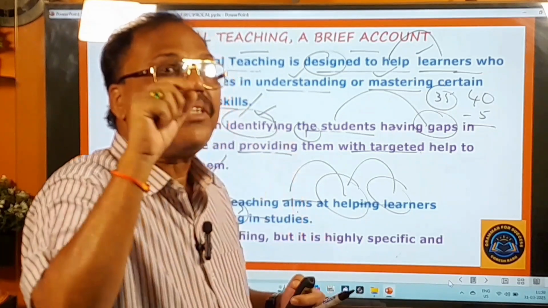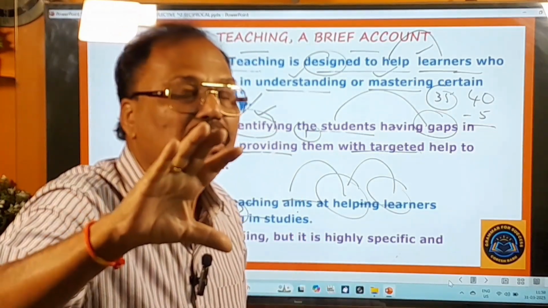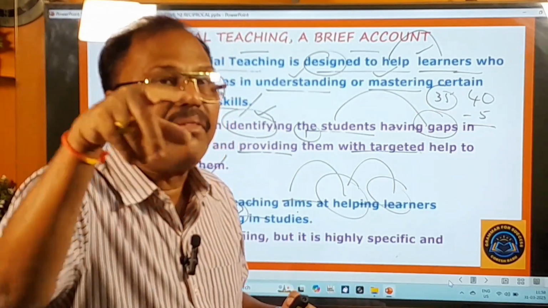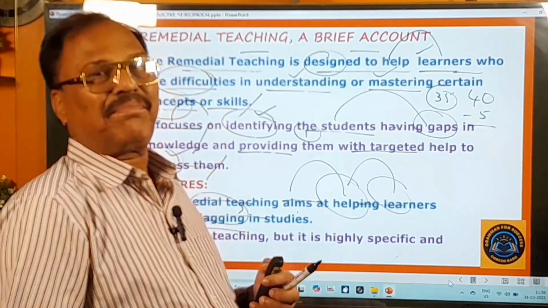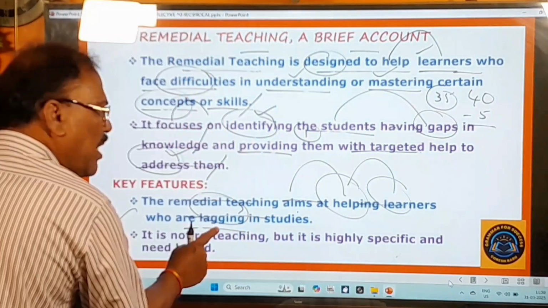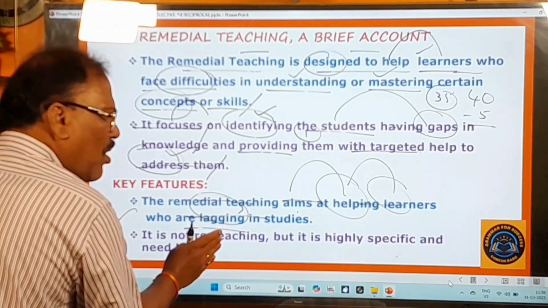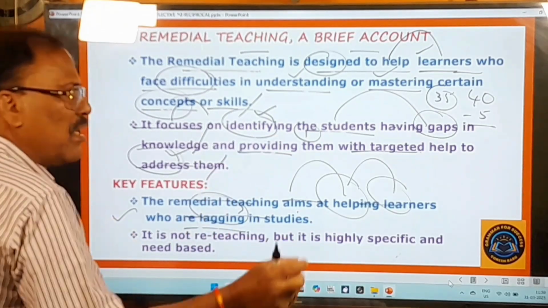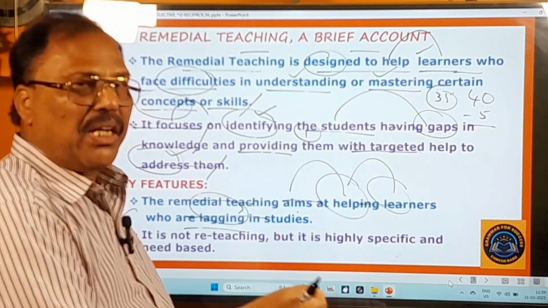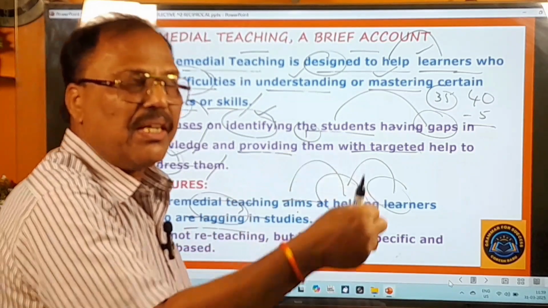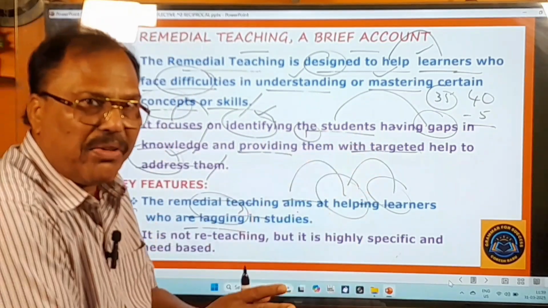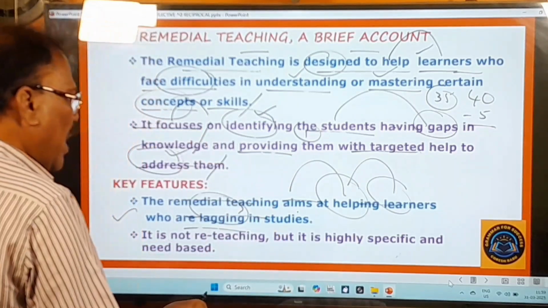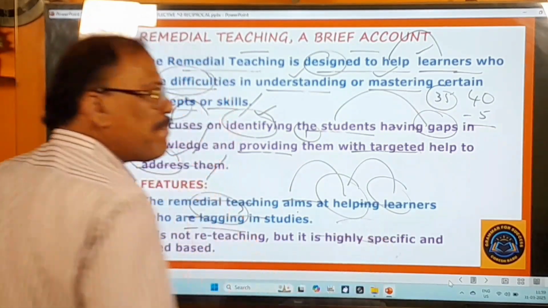The teacher will teach those backward students only that area in which they are weak, in which they are lagging behind. That is the point. Therefore, it is not reteaching all the subject, only the specific area in which the students are deficient, in which the students are poor. So that area of the topic will be taught to the students, and therefore it is highly specific.